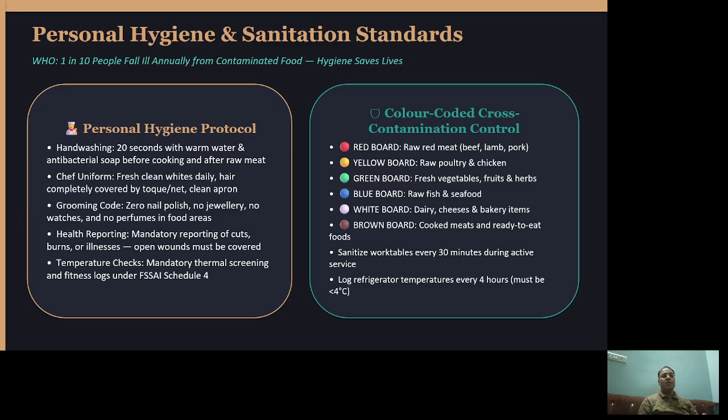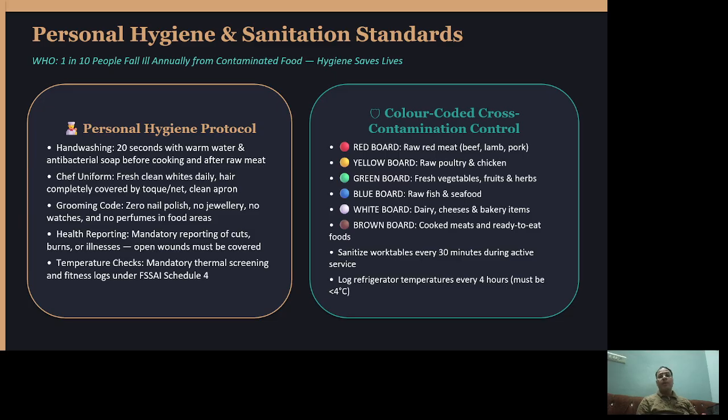So we have some protocols for personal hygiene. The hand washing code: minimum 20 seconds with warm water and antibacterial soap before the work and after the work. Chef uniform: fresh, clean whites daily, hair completely covered with a net, and a clean apron.